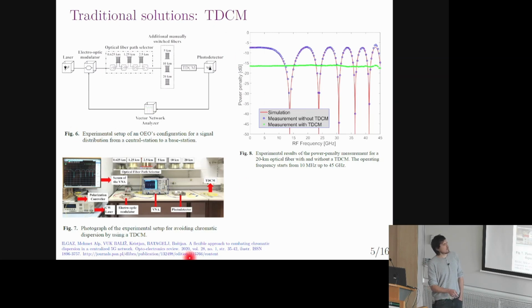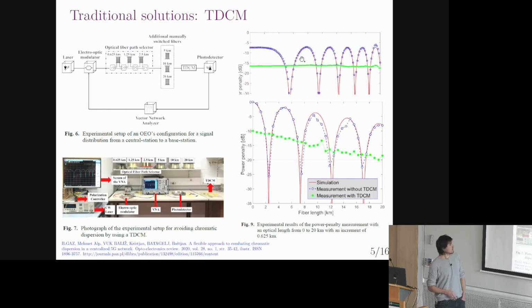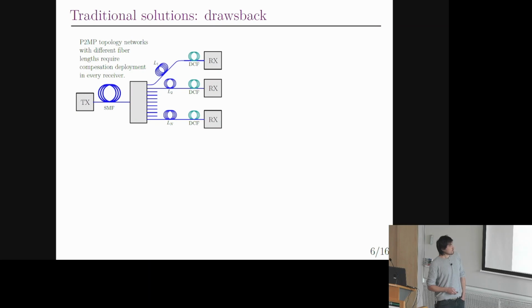So this was research that we conducted using the tunable dispersion compensation module, and we just wanted to show that by using this device we can effectively compensate the power penalty, which means that instead of these dips we get a smooth curve, the green one. But there's a problem with the traditional approach.